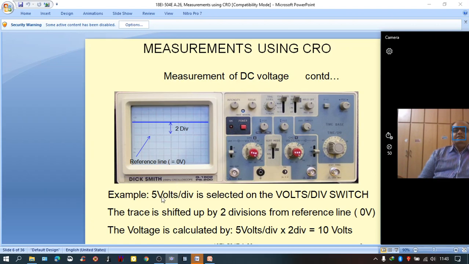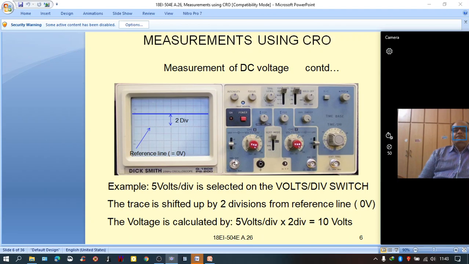So what is the corresponding voltage? For 1 division it is 5 volts. So for 2 divisions it is 10 volts. So the applied DC input voltage is 10 volts. That is how we have to calculate the value of DC voltage.